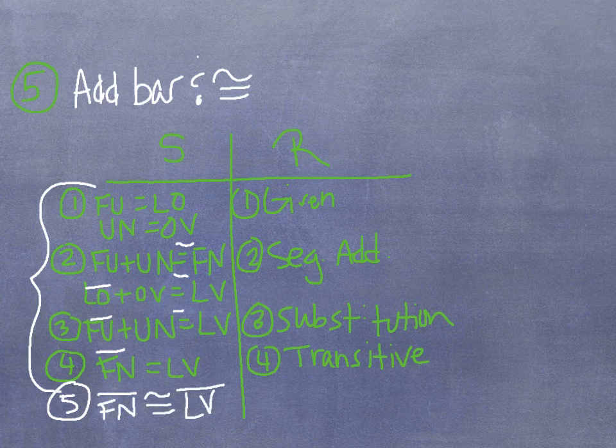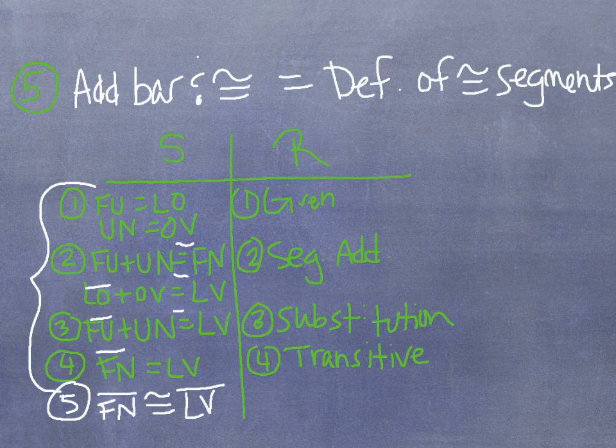All you're doing is making the correct, proper notation. This is called the definition of congruent segments, and I abbreviated that, so fix that if you need to. So 5 is the definition of congruent segments. Again, all I'm doing is taking the letters and putting the bar back on and putting the congruent symbol on. So this is exactly what we're trying to prove.